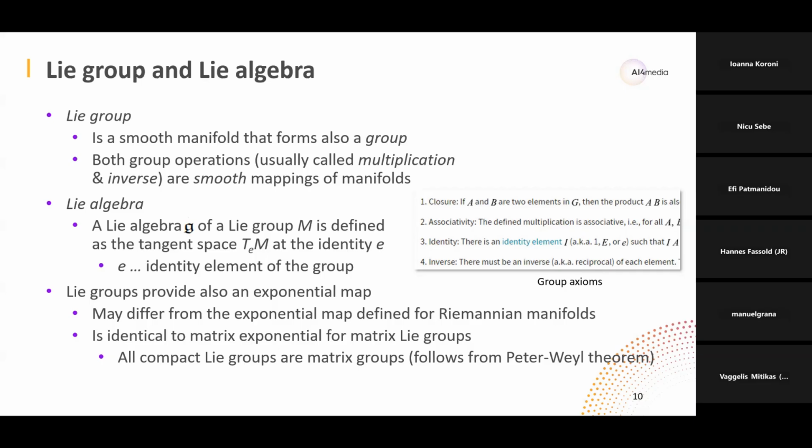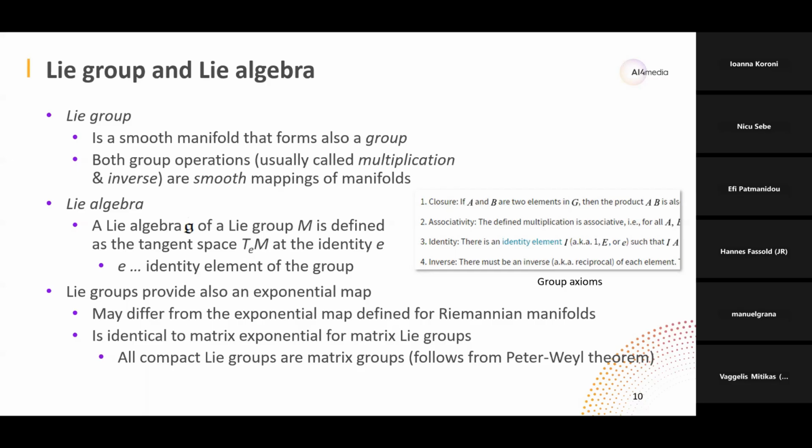Sounds also difficult, but is actually very simple if you had some basic algebra and also linear algebra. So a Lie group is just a smooth manifold which forms also a group.